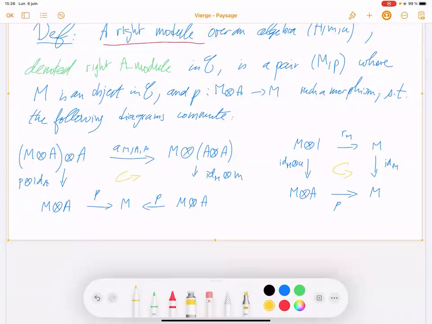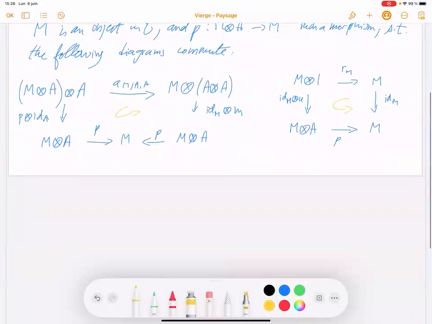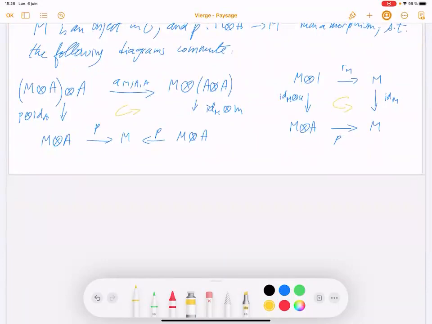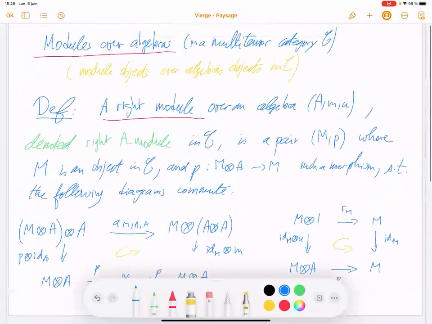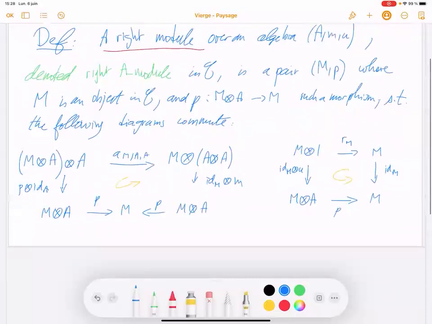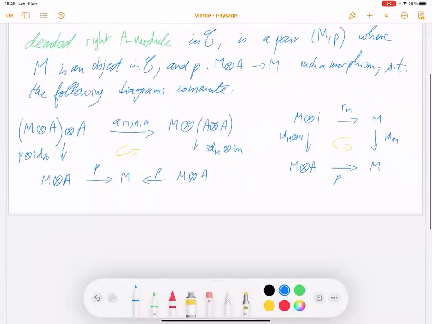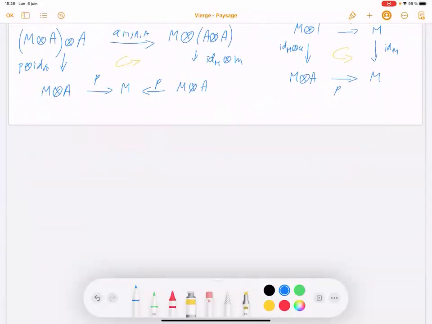So that was for a right module over an algebra A in a multi-tensor category C.